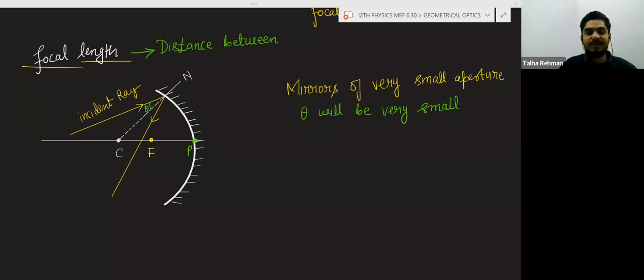Here theta is very small because the aperture of the mirror is very small.